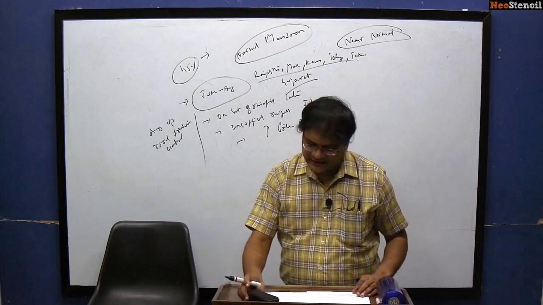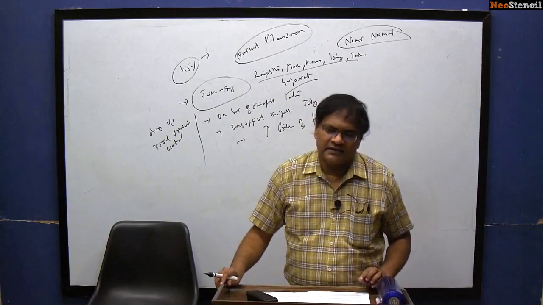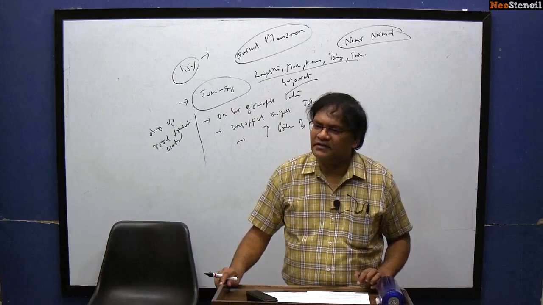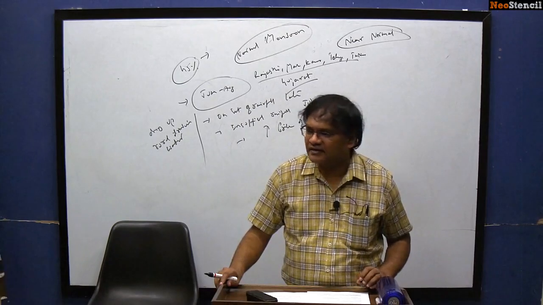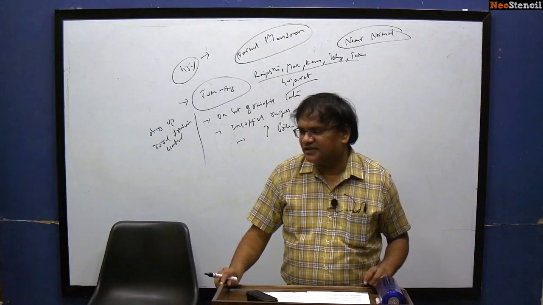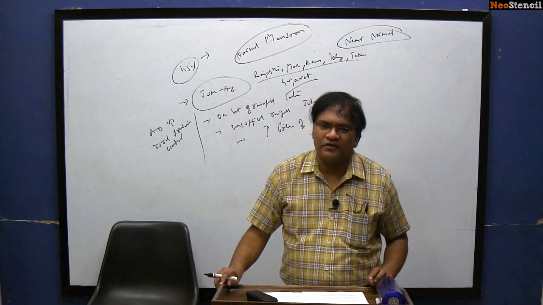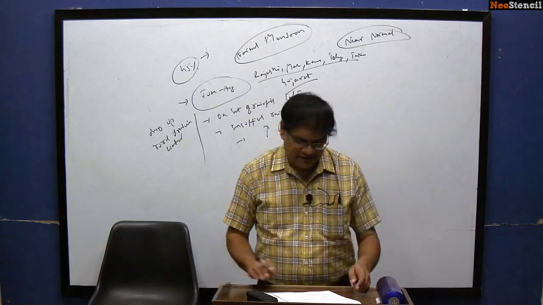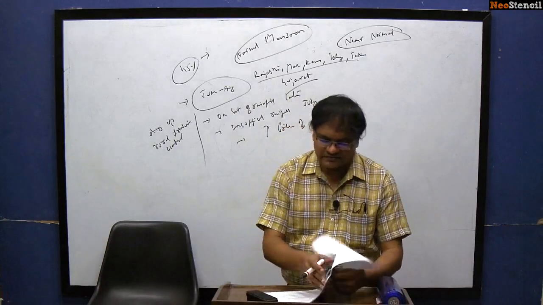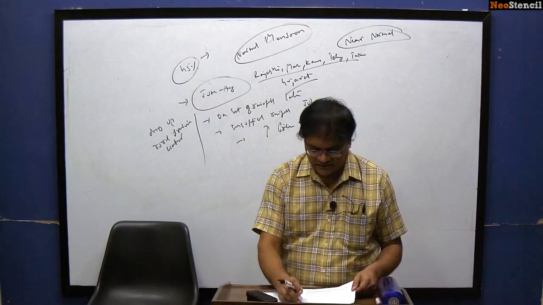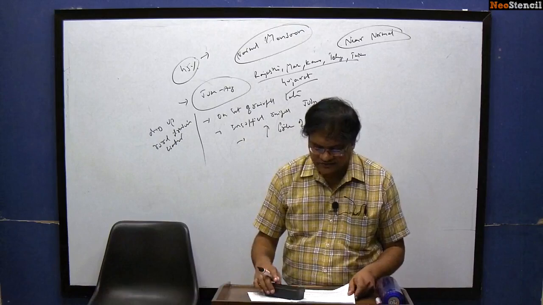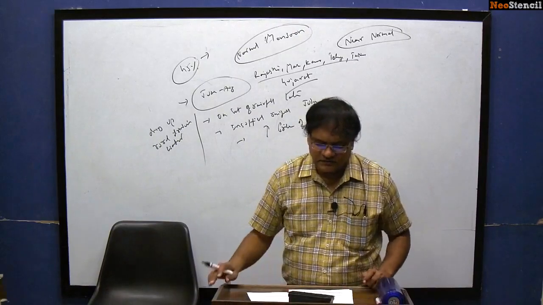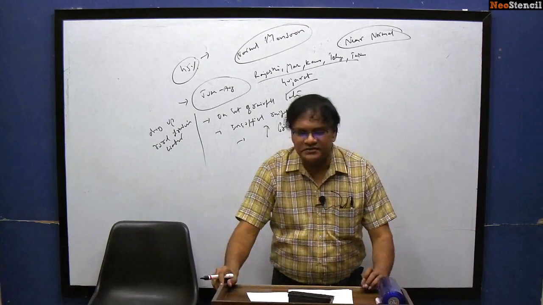So, the next problem here is the unwillingness on the part of the state governments to declare their states or areas as drought prone areas. State governments simply do not want to declare droughts.